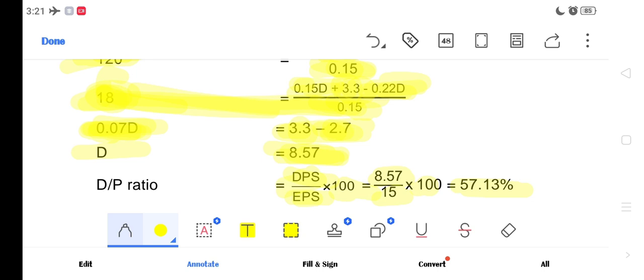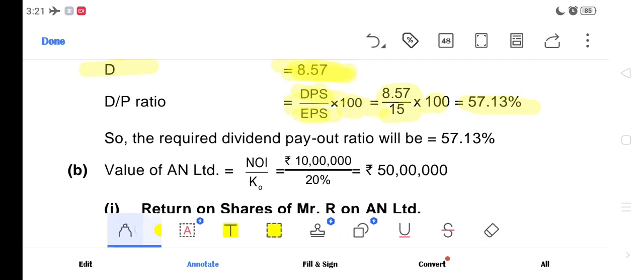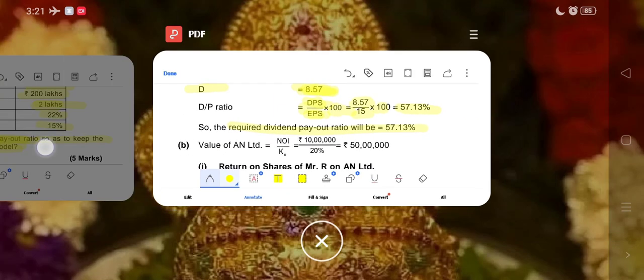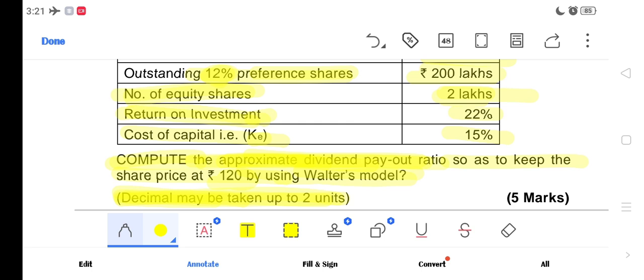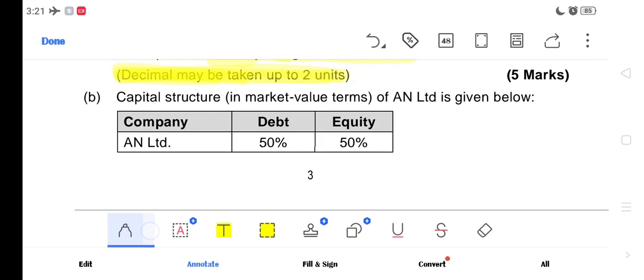So approximately 57% you are going to pay from the earnings. So the required dividend payout ratio is 57.13, right? Over. Next, B bit.